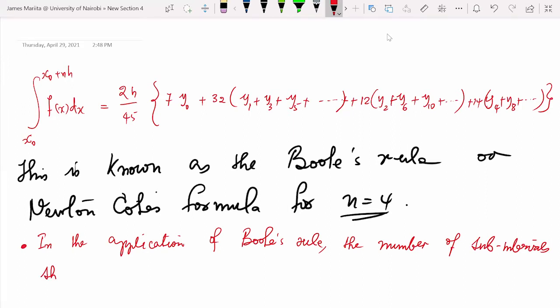So that is one thing you are supposed to note: while applying this rule, or the Newton-Cotes formula for n equal to 4, make sure the sub-intervals are taken as multiples of 4. That is the only way you can apply that formula effectively.